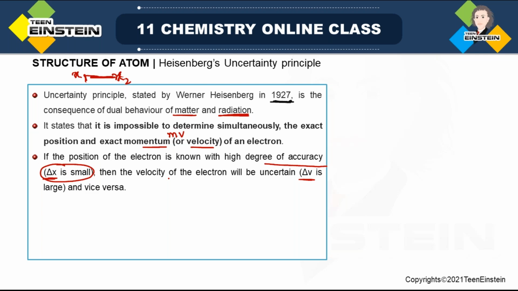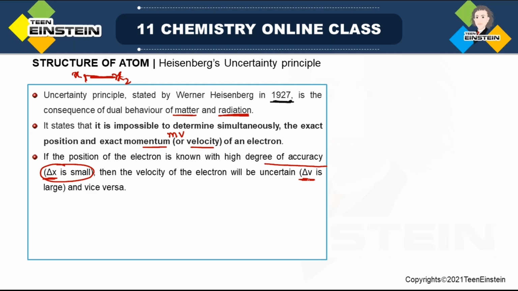But under that condition, the del v value, this is a range, something between v1 and v2. When del v is very small, the degree of accuracy is very high. But when del x is already very small, that means your position is well known with a high degree of accuracy. Under that condition, you cannot know the range of velocity.